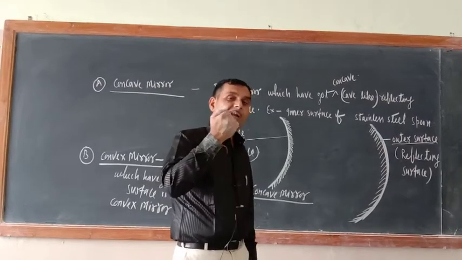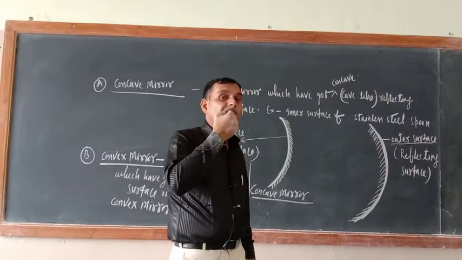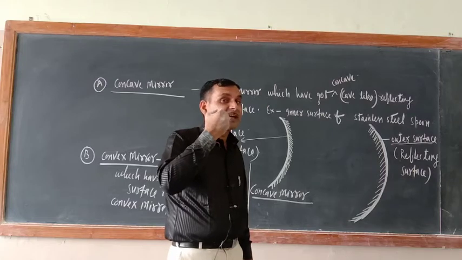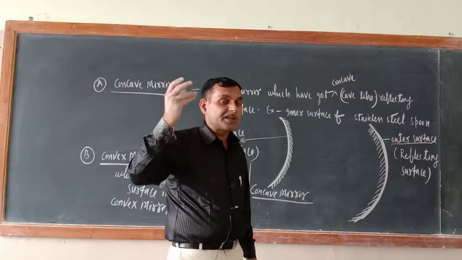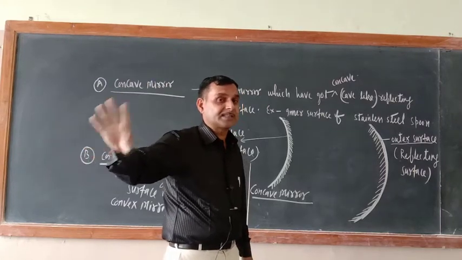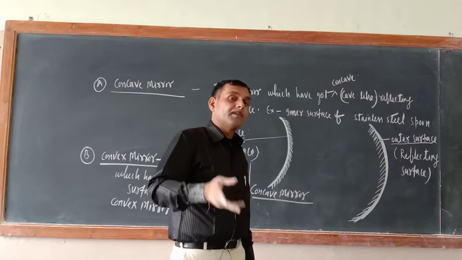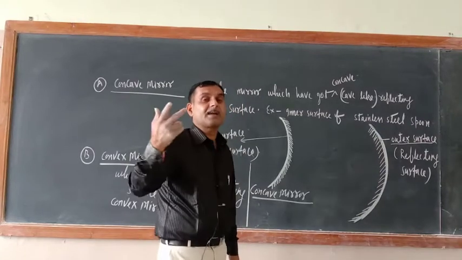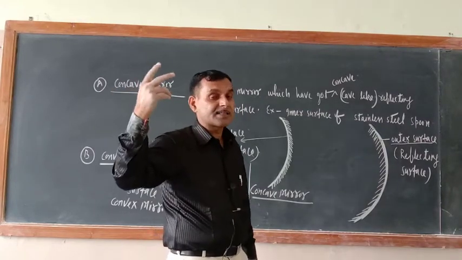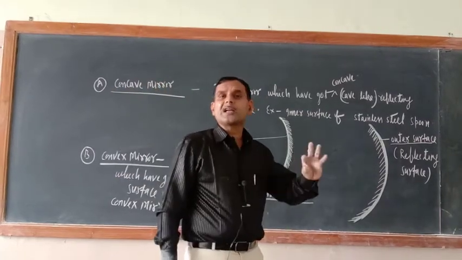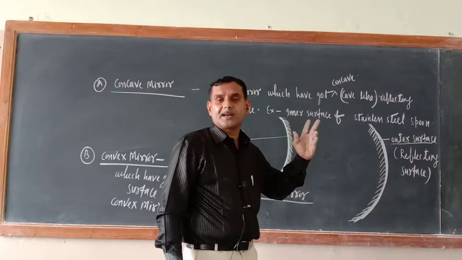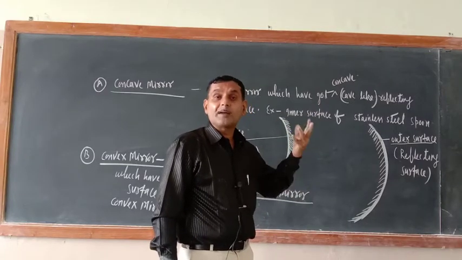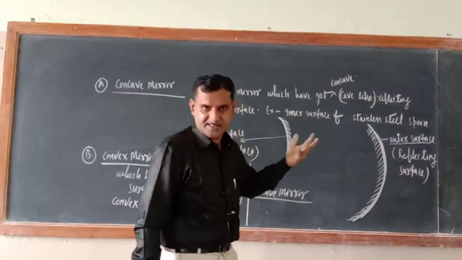So what doctor is doing? Doctor is putting one mirror inside your teeth and watching in another mirror, okay. But same mirror cannot be used as a side mirror of the vehicles or some other places. So the utility of mirror is different in different places because they form different kinds of images, okay.